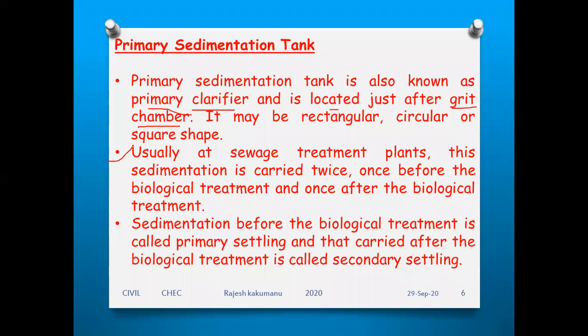Usually at sewage treatment plants, sedimentation is carried out two times. Generally, depending upon the size of the plant, sedimentation takes place twice. One is before the biological treatment, and another is after the biological treatment.